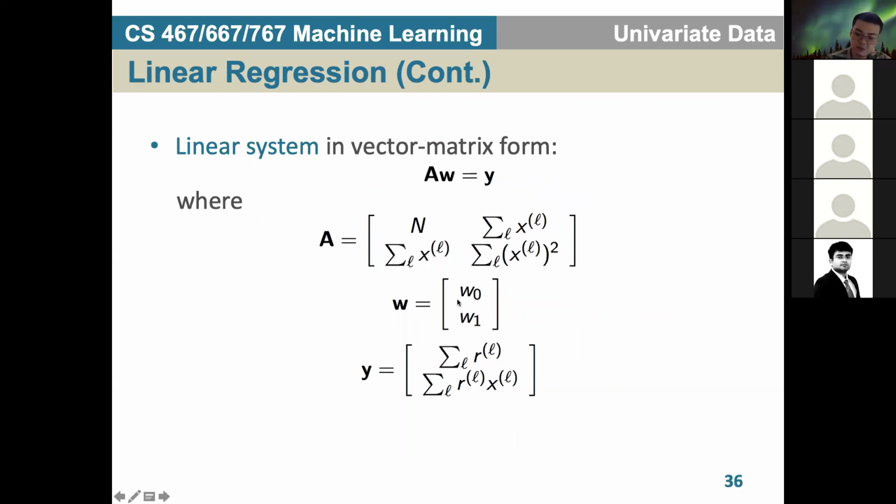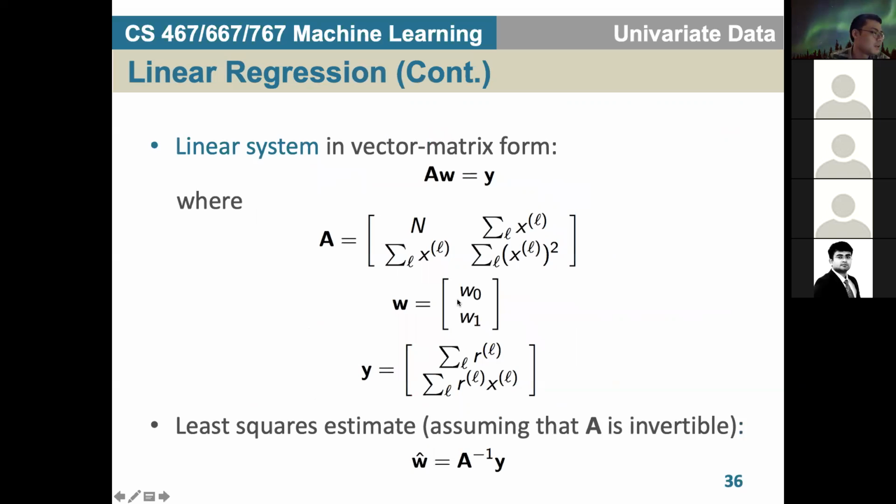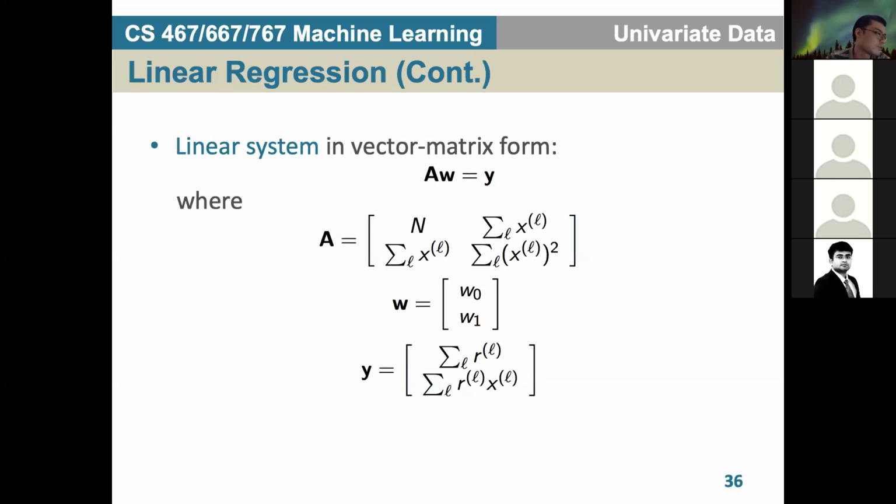Now using this, one observation we should see is that n is how many data points you have, and XL is a data feature. Because we are considering univariate, it's the only value. And y is the same, it is the real value we want to predict.